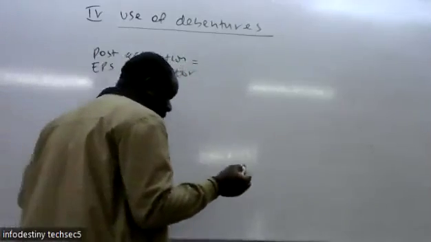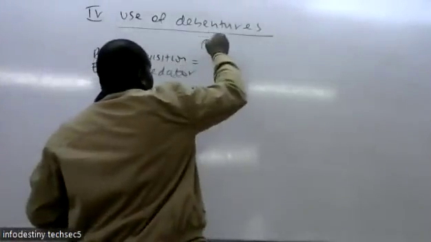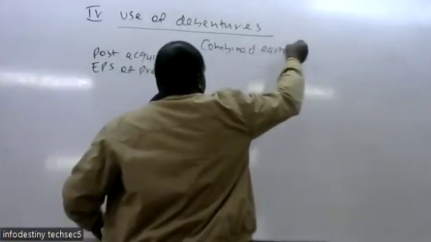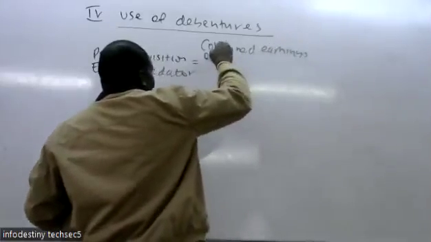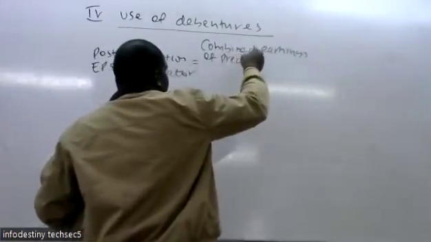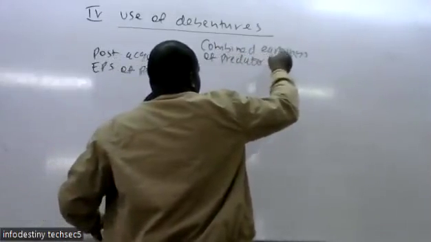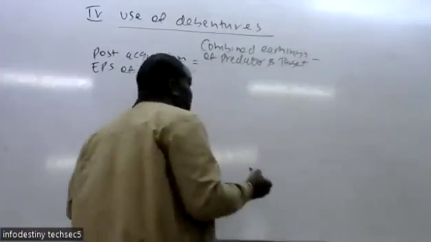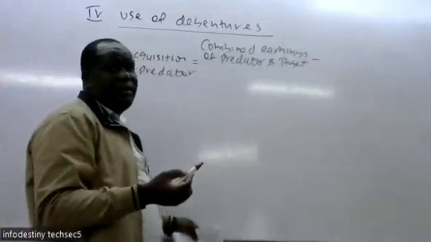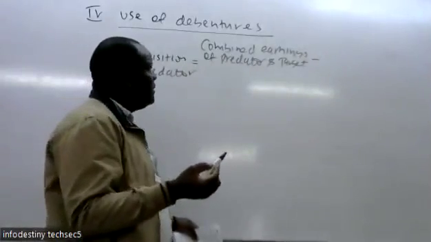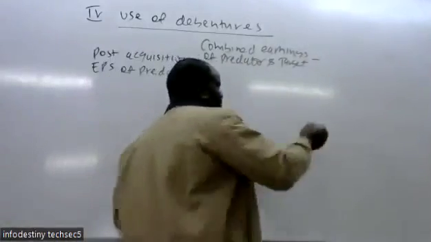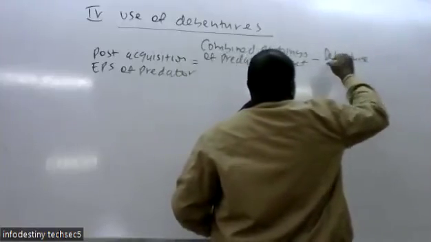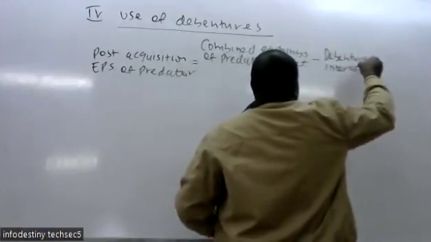It is supposed to be given by the combined earnings of the predator and the target. Then we need to minus the debenture interest.